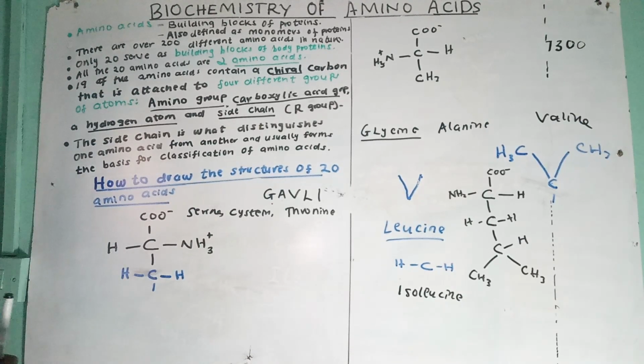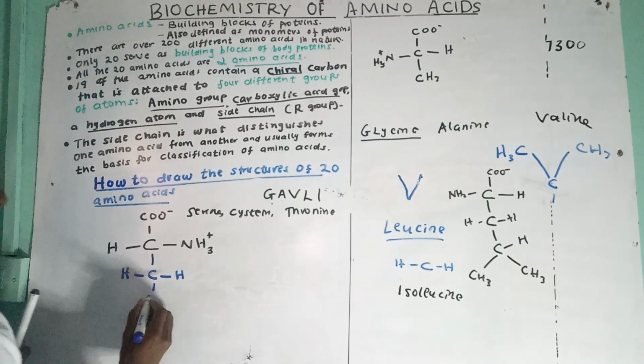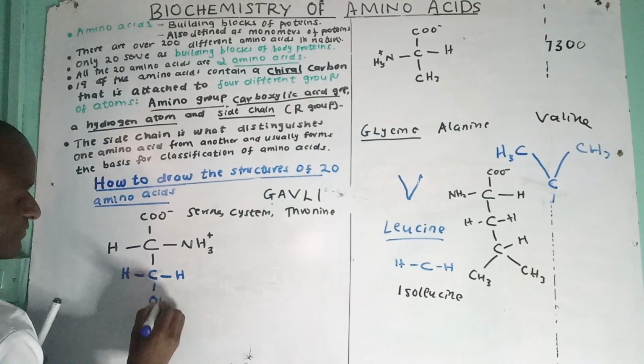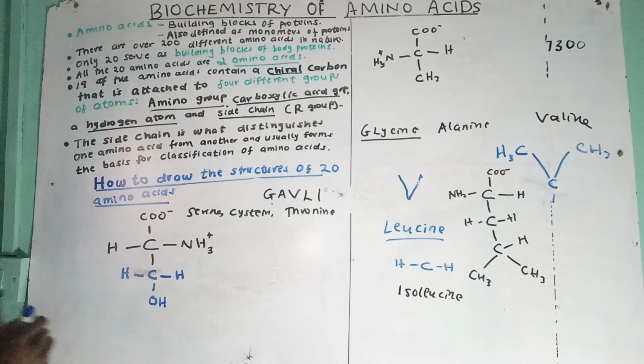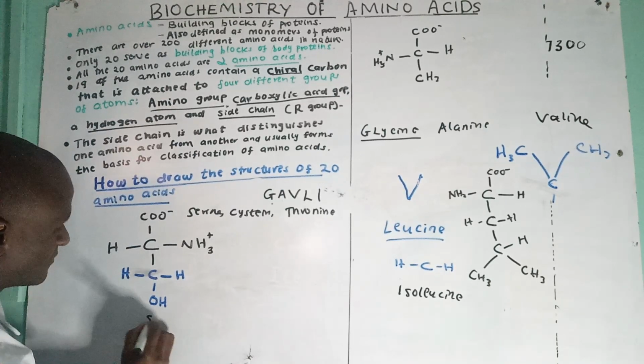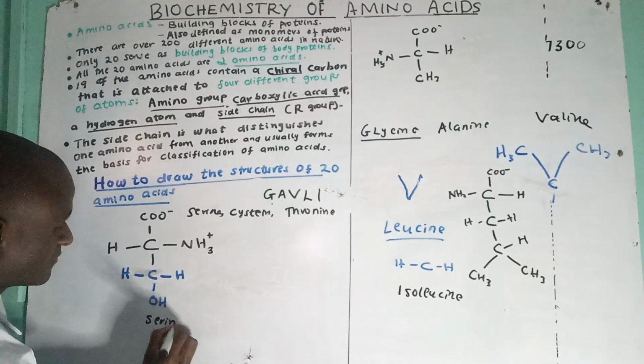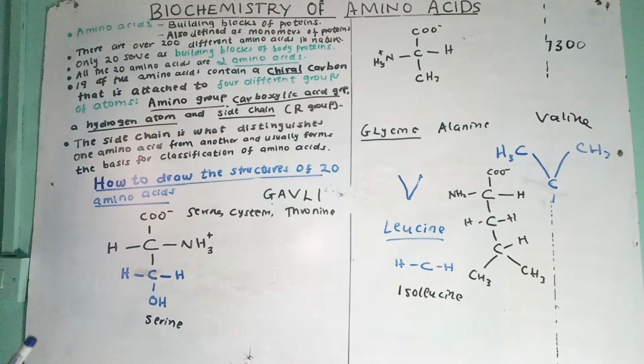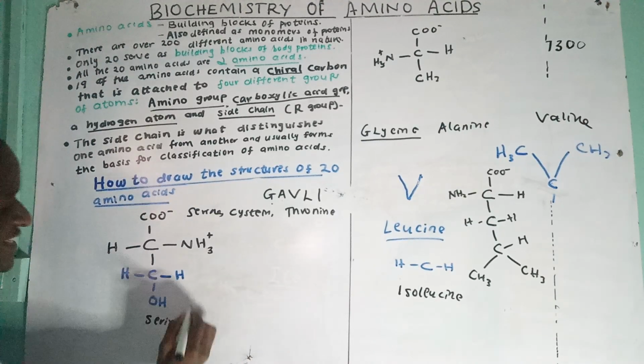Then the only difference between serine and alanine is the presence of hydroxyl group here. So that is serine. Serine is denoted as SER.